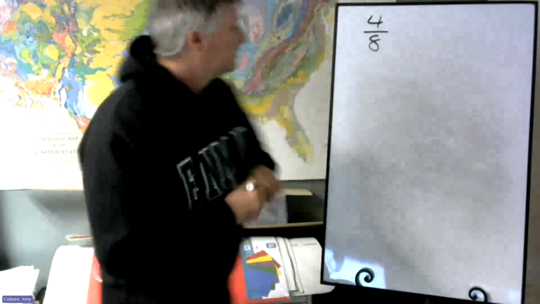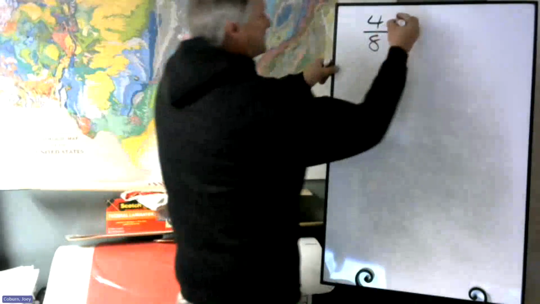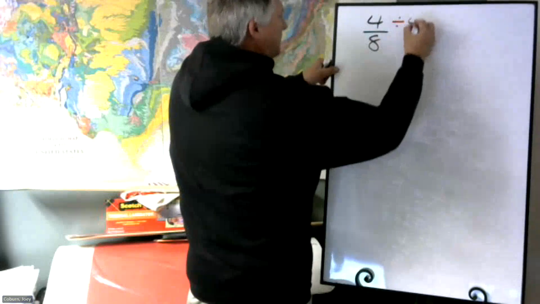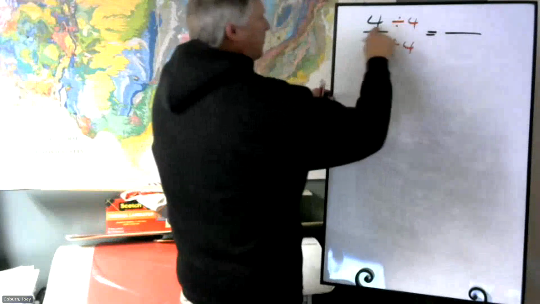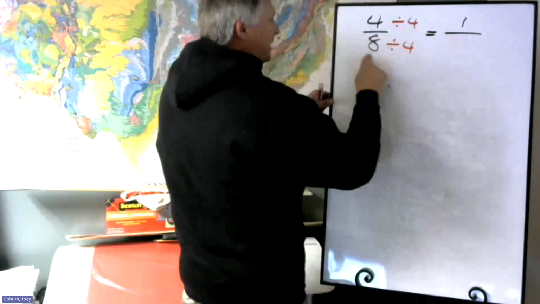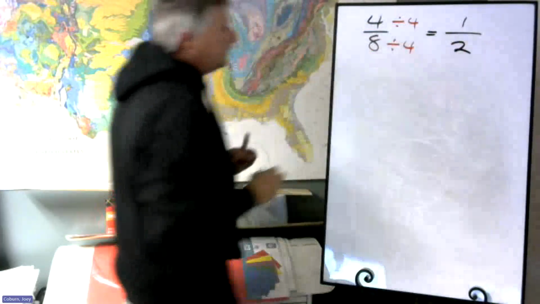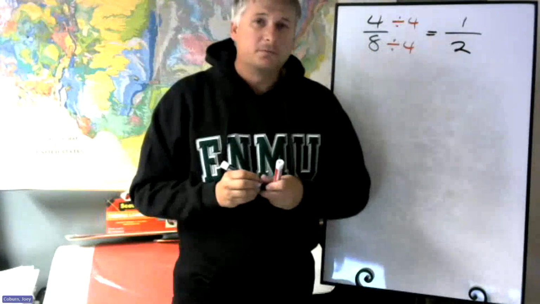Well, let me show you. If we divide the top by 4 and the bottom by 4, we divide top and bottom by the same number. 4 divided by 4 is 1. 8 divided by 4 is 2. And that gives us the 1 over 2.